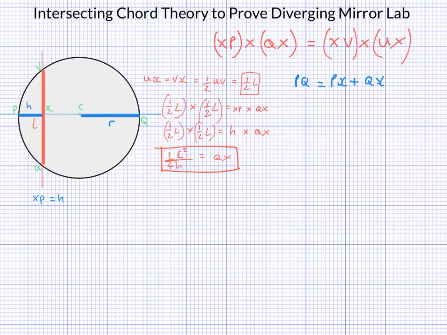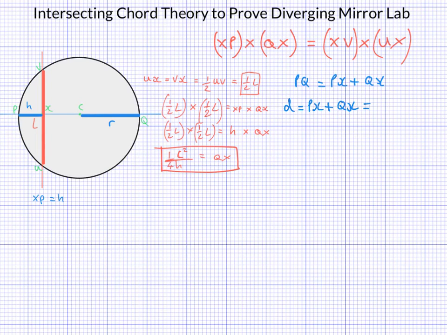Hopefully you can see there's a bit of a connection here. See how this is going to come up? So let's keep going. What are we going to say? Well, this is the diameter, isn't it? Remember, we're trying to find the radius, so let's call this out as the diameter. I'll just call it D. The diameter is PX plus QX.